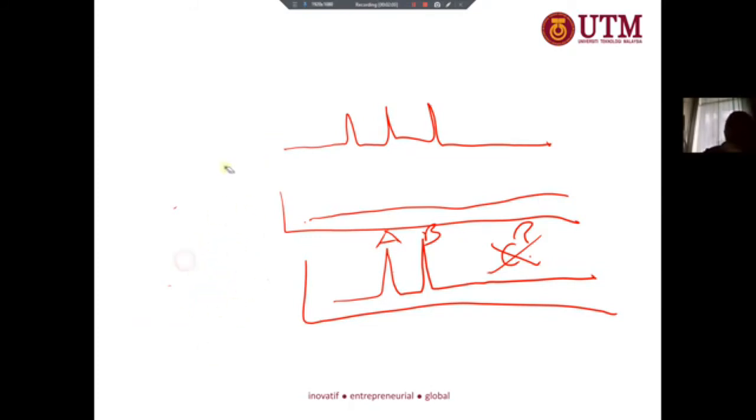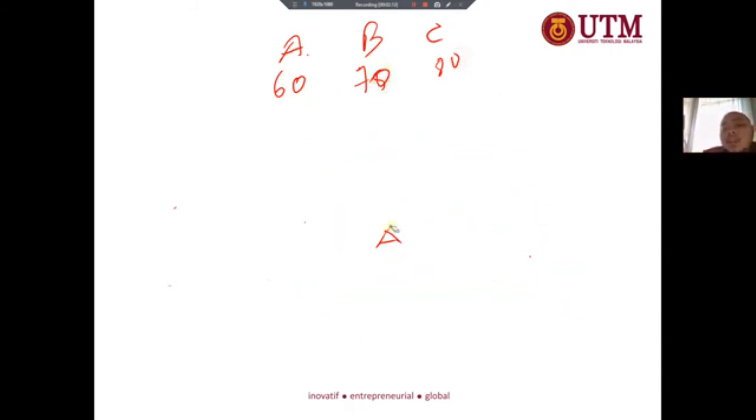I should give you another example, sorry. A, B, C: 60, 70, 80, let's say. So I give you these three conditions. The other thing you need to remember is that you cannot choose, for example, 150 degrees Celsius.